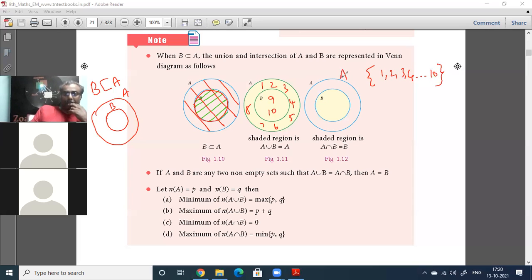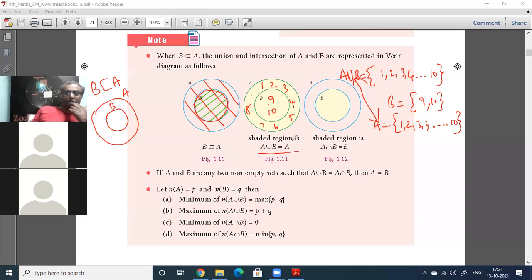But that is only A, because everything is inside A, right? Because B is only 9, 10. The rest, 1 to 8, is not inside B, but it is inside A only. So what is A? A is 1, 2, 3, 4 up to 10. So you see A union B and A are the same thing. So A union B is A.